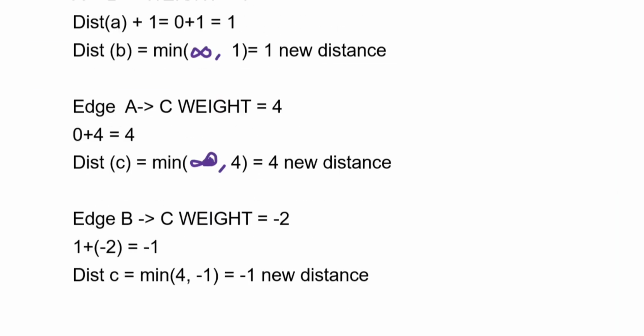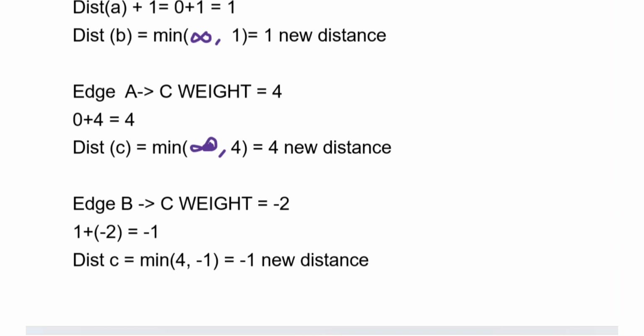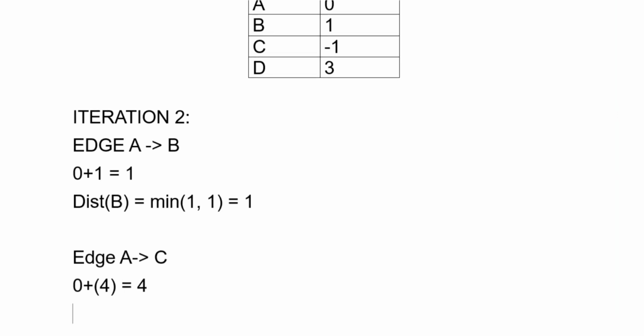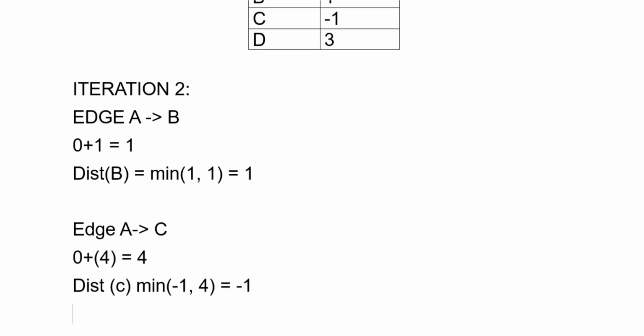We need to take 4, not minus 1. So the distance of C is the minimum of minus 1 comma 4. The minimum is minus 1, right? So no update because the distance remains minus 1. It's already a minimum.